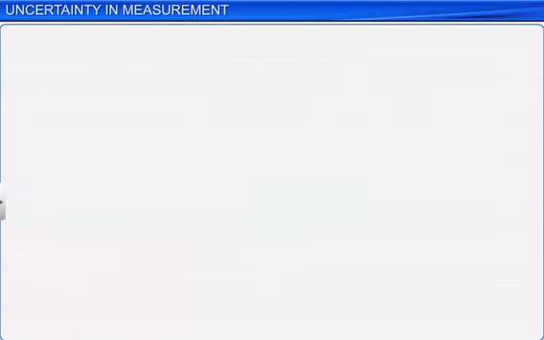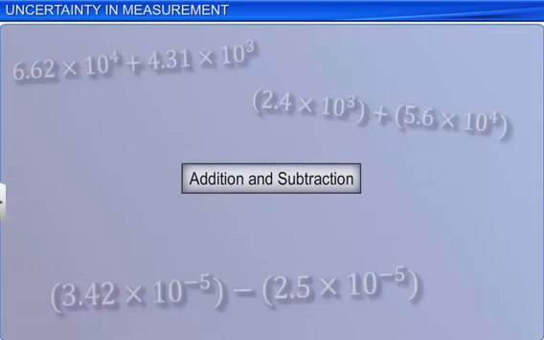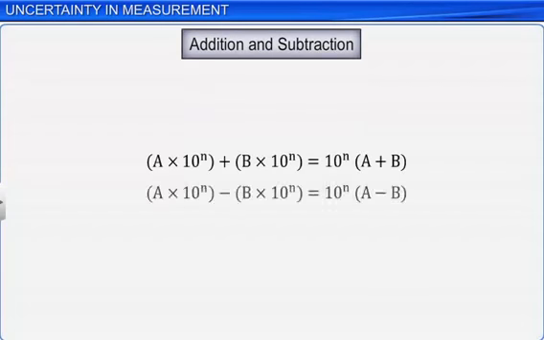Now let's see how to perform mathematical calculations on numbers written in scientific notation. Let's start with addition and subtraction. If we have to add or subtract any number expressed in scientific notations, we must first check if the exponent of the numbers is the same. Only if they are same, we can add or subtract the coefficients.